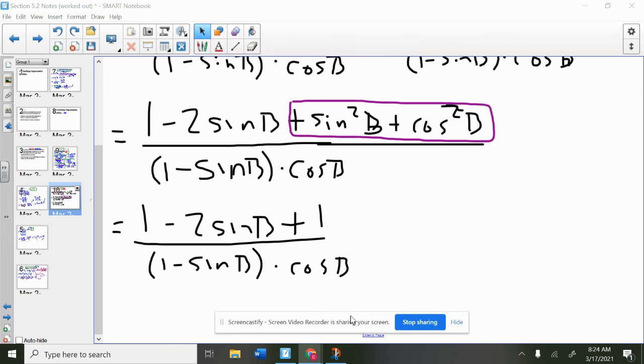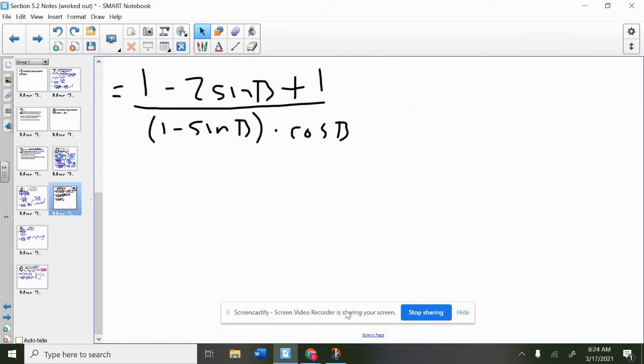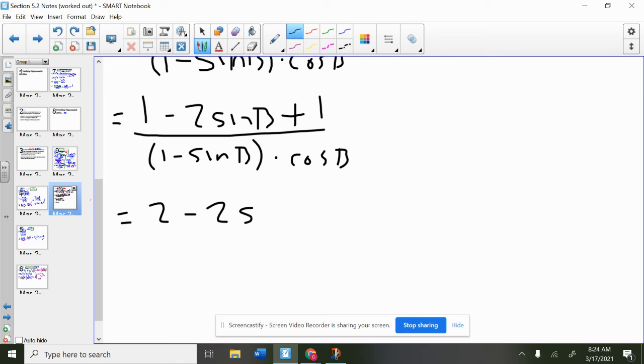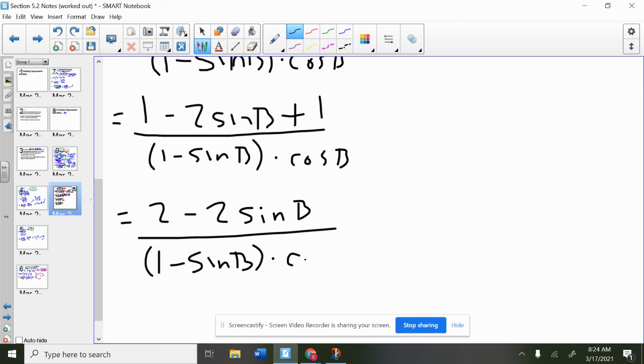And so I can continue to do this problem. What that helps me do is I can combine this. This is 1 plus 1, which is 2. So I get 2 minus 2 sine b, and then I've got 1 minus the sine of b times the cosine of b.